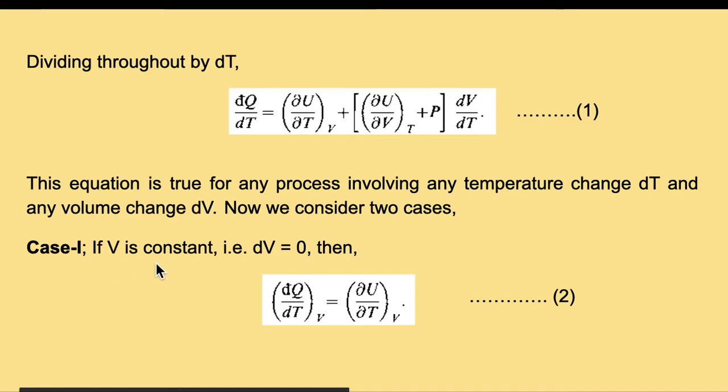In the first case, V is constant, that is dV is equal to 0, you are normally calling it an isochoric process. So when dV is 0, this whole term becomes 0. So you can write d̄Q/dT at constant volume is ∂U/∂T at constant volume. And now what is this quantity d̄Q/dT?